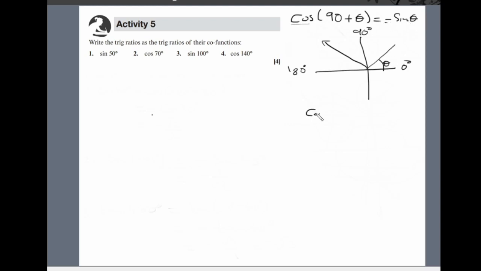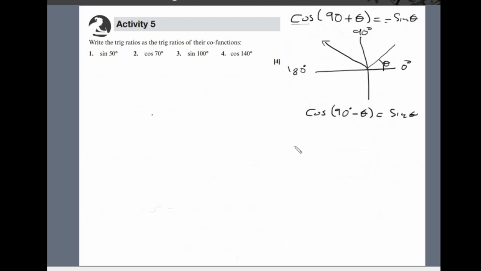And if you're saying cos 90 minus theta, it is the same as saying sine theta, because 90 minus theta is in the first quadrant, and in the first quadrant all the trigonometric ratios are positive.